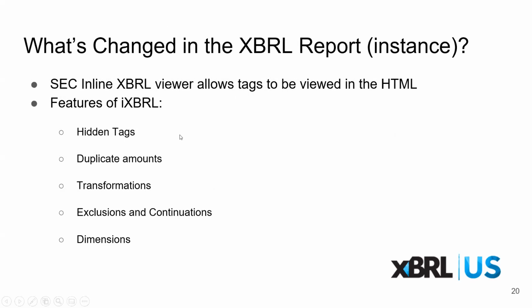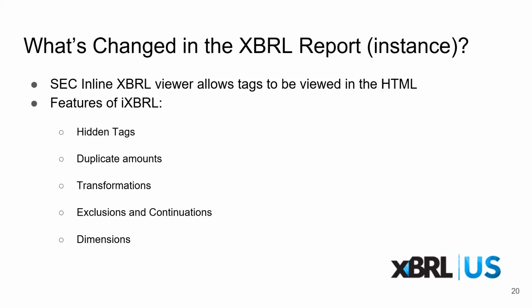And so what has changed? In addition to seeing the XBRL attributes in the iXBRL report, there are a few new features with new best practices to be aware of as you transition to iXBRL formatted documents. So first, hidden tags. Sometimes there will be tag facts that are not anywhere in the content of a 10K or 10Q document.